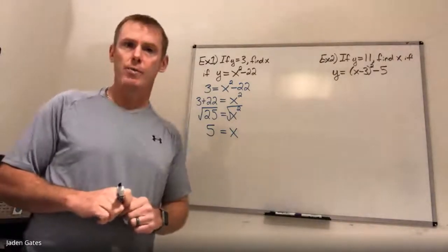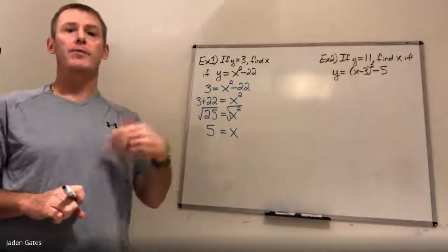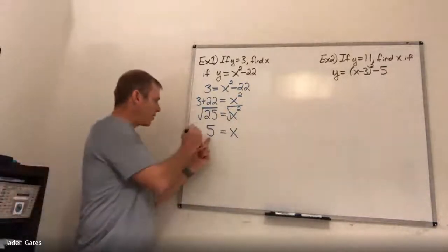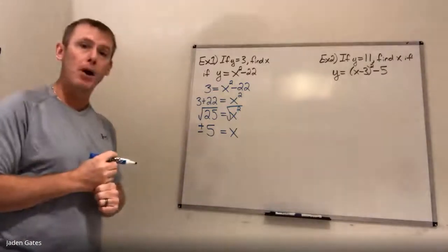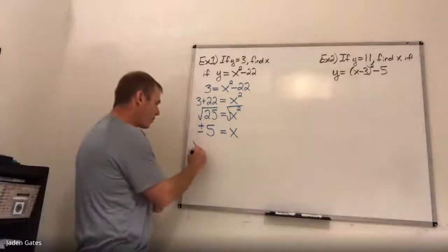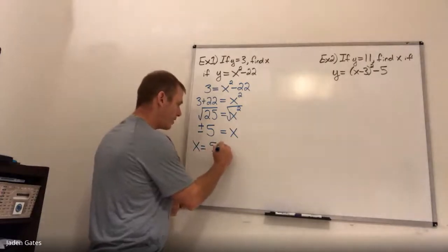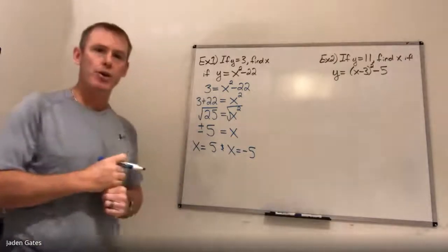And you never had to worry about it before. And that is negative 5. Negative 5 times negative 5 also gives you 25. And so this 5 here, I'm going to put a plus minus sign, both positive and negative 5. Or I could write that out as x equals 5 and x equals negative 5. So there's our two answers.